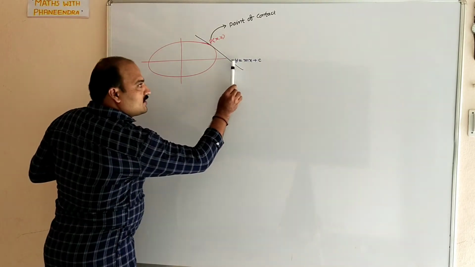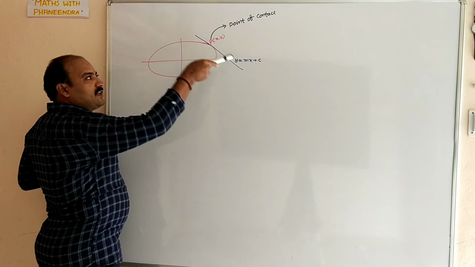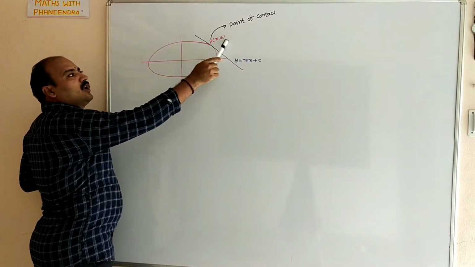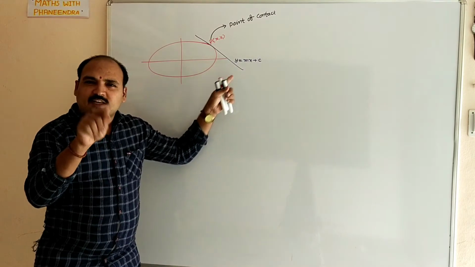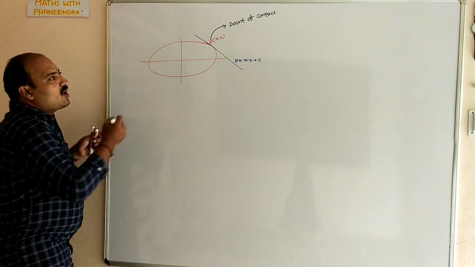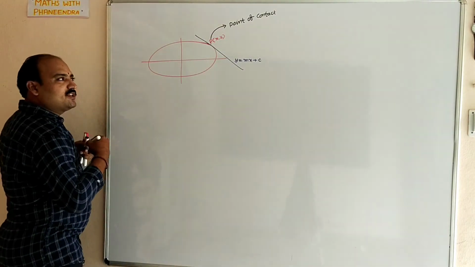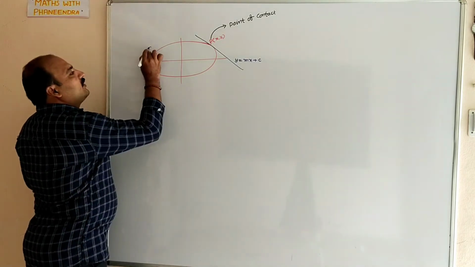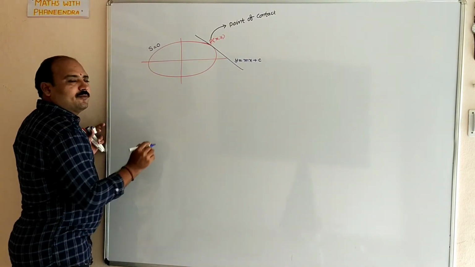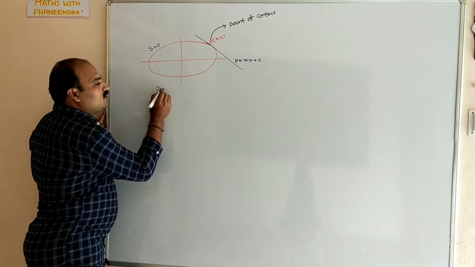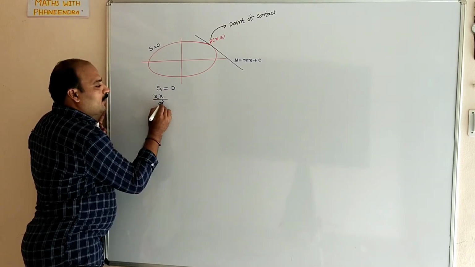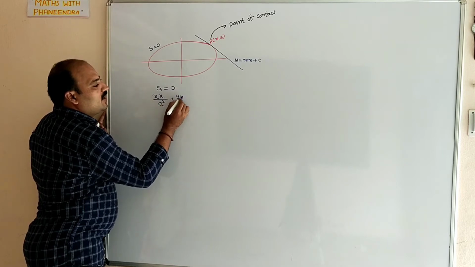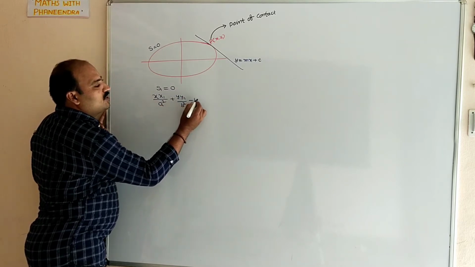If the line y is equal to mx plus c touches the ellipse at x1 comma y1, that means it is a tangent equation itself, no? At x1 y1, what is the tangent equation to the ellipse? S is equal to 0 be the ellipse. That means S1 equal to 0 tangent: x1 by a square plus y1 by b square minus 1 equal to 0.